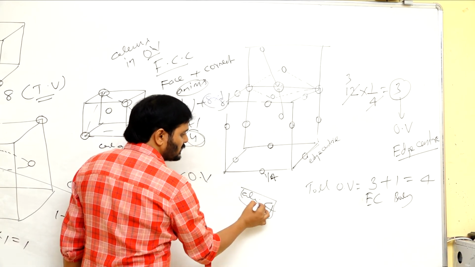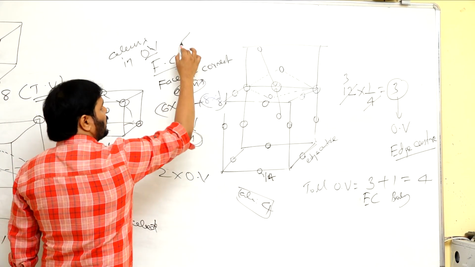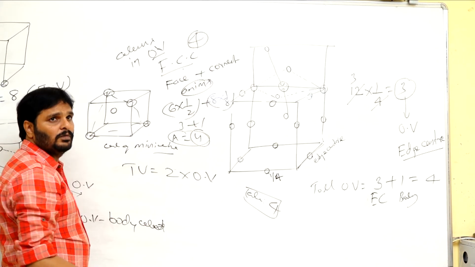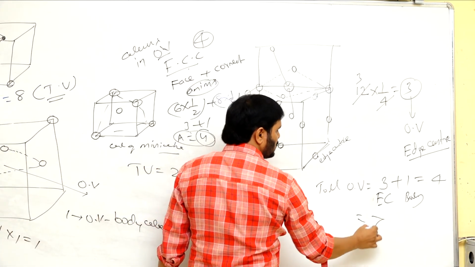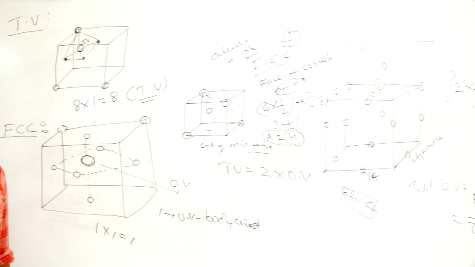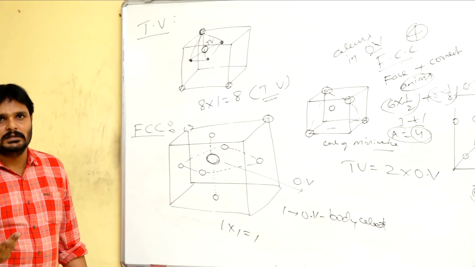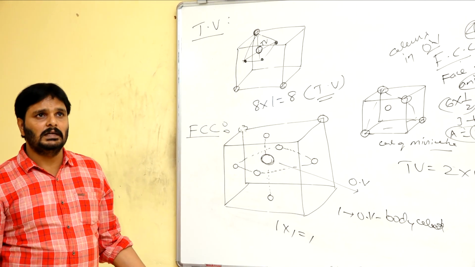So these are known as ion pairs. So in FCC, effective atoms equal 4. I can say octahedral voids equal the effective number of atoms. So from the effective number of atoms, you can find the octahedral voids. Twice the effective number gives the tetrahedral voids.